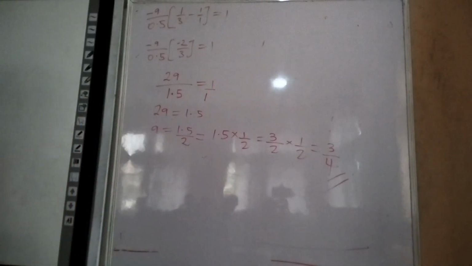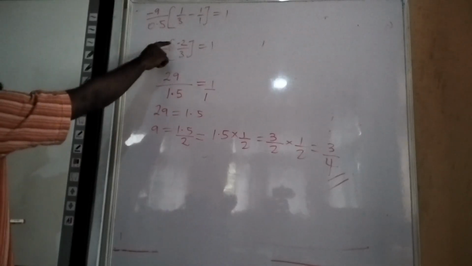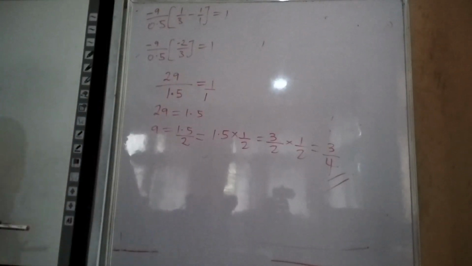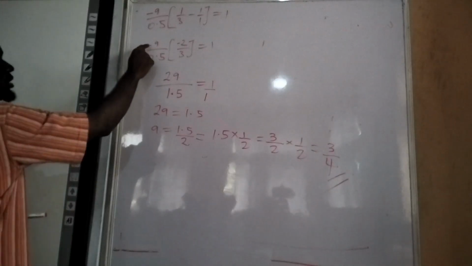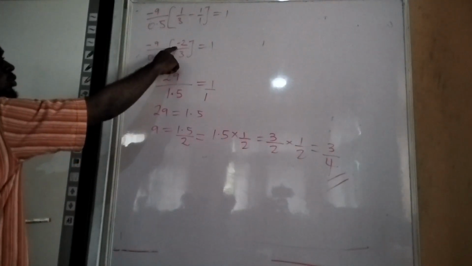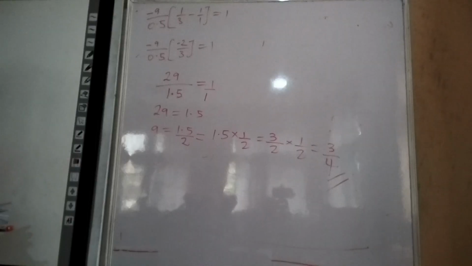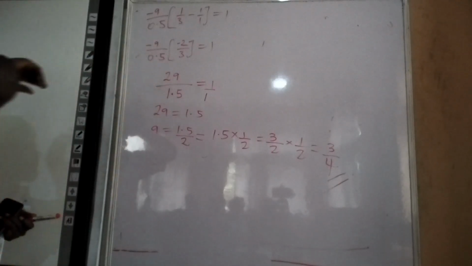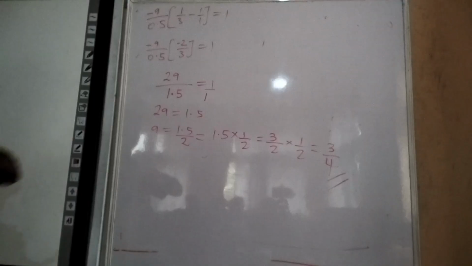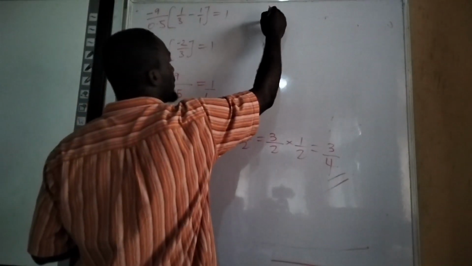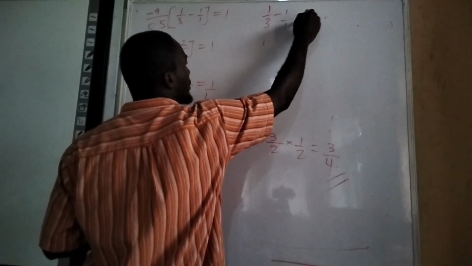Minus A times minus 2 is 2A. Minus A times minus 2. So we can find the LCM. 1 over 3 minus 1 over 1 is what?